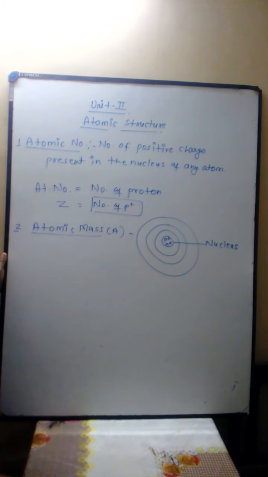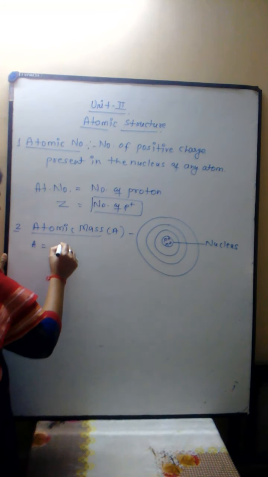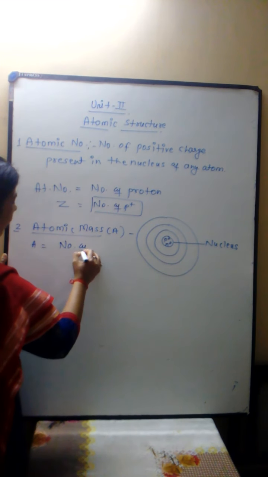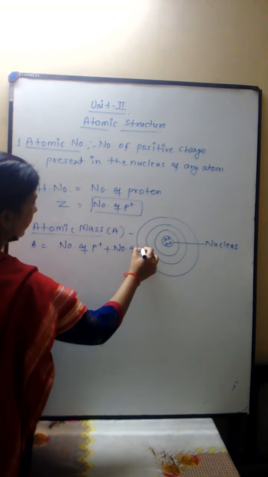So if we sum the number of protons and neutrons, we can find the atomic mass of that element. So atomic mass, denoted by A, equals the number of protons plus the number of neutrons.